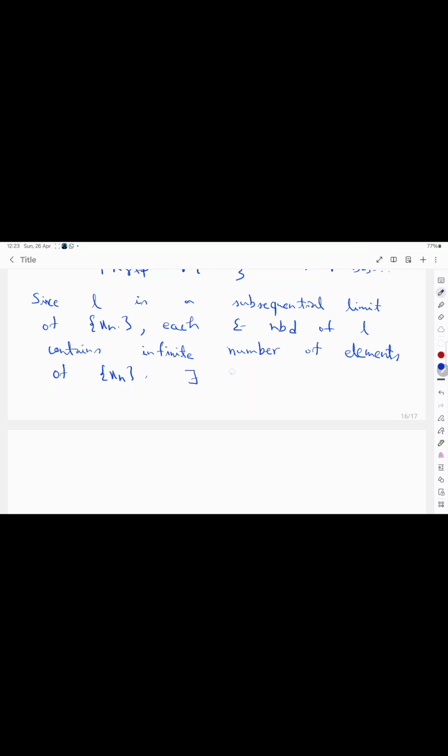So there exists a q belonging to natural numbers such that q is greater than m, for which you can say xq minus L is less than epsilon by 3.